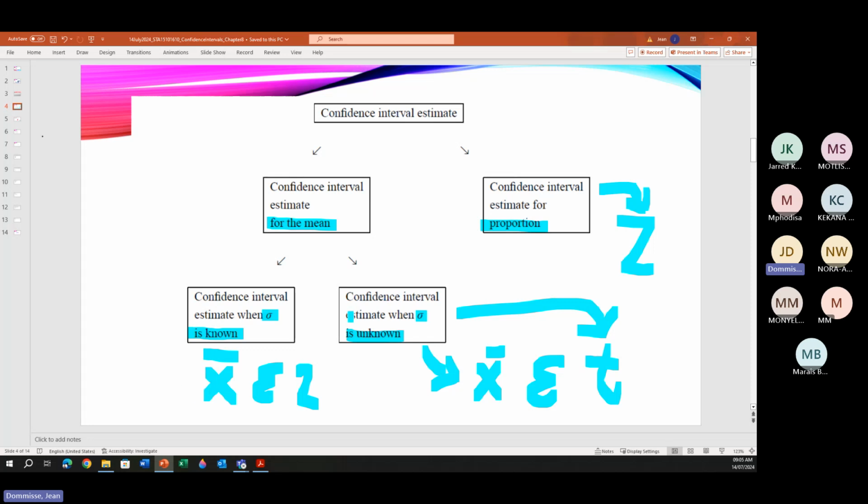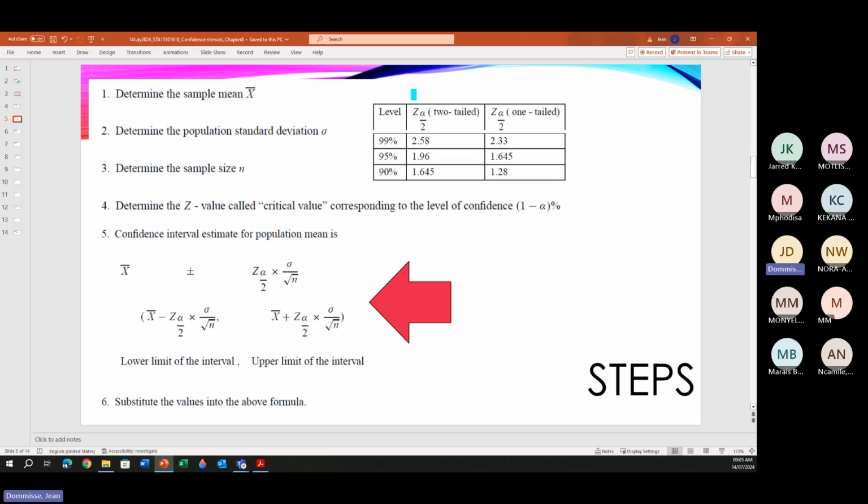Important for a confidence interval of a proportion and the one where the standard deviation is known, there we're going to use mostly this set of criteria for the Z.